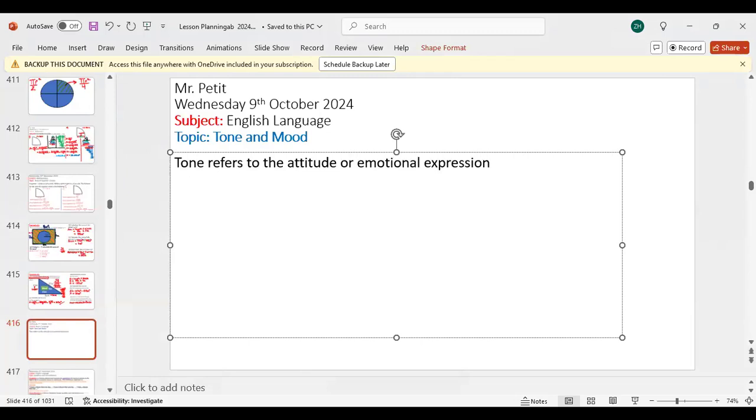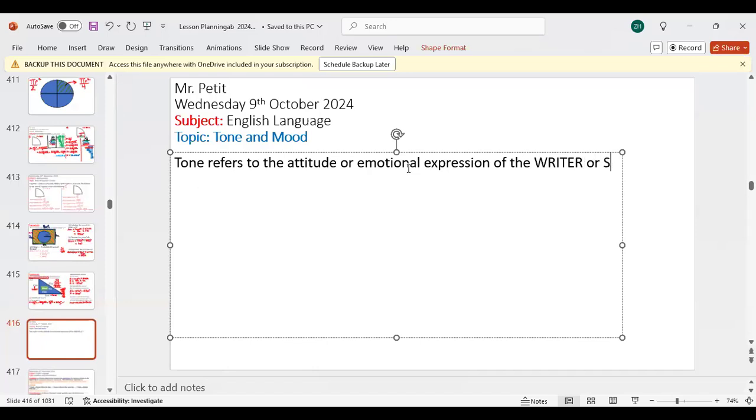So all of you were, as a general rule, in the ballpark of what we mean by tone. But tone refers to the attitude or emotional expression of the writer or speaker.